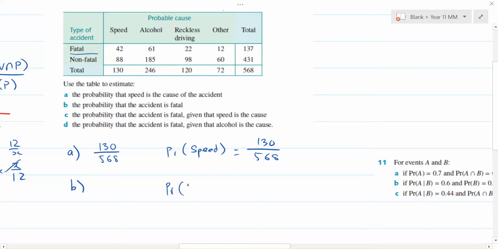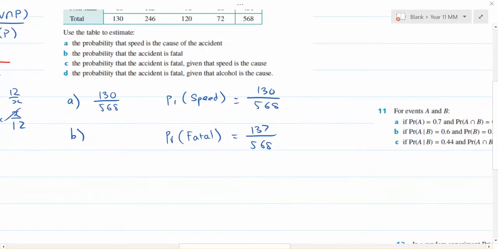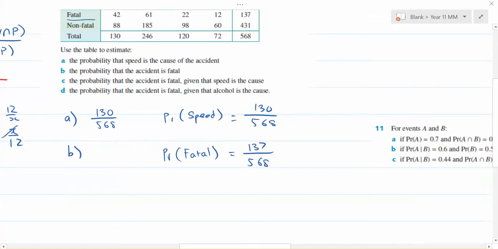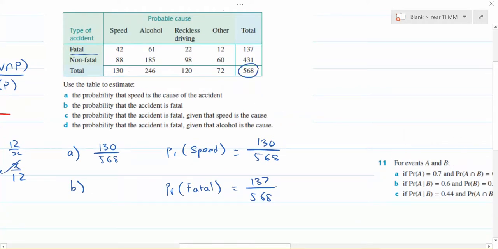And so when we're talking about chances as well, okay, so there's 137 that are fatal, but out of what's the total number of people overall? That's 568. So that's why probability fatal is 137 out of 568, because that's the total number of people without any conditions. I'm just asking what's the chances of being fatal. So it's 137 out of 568.